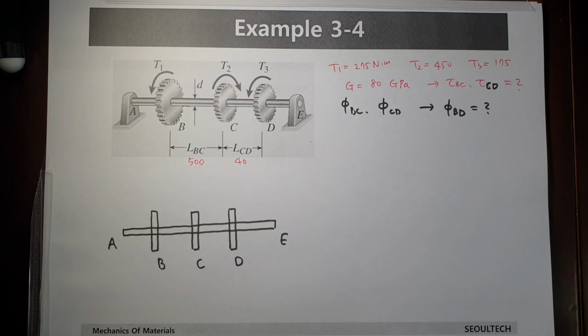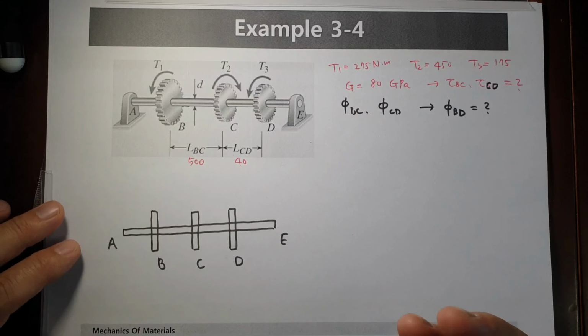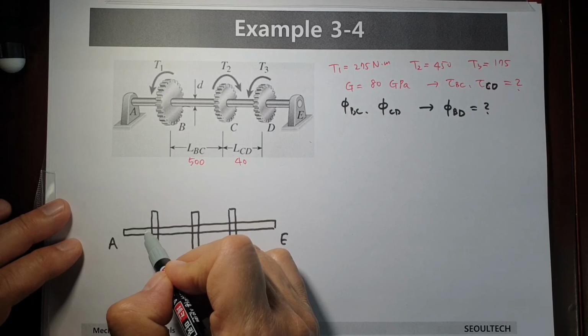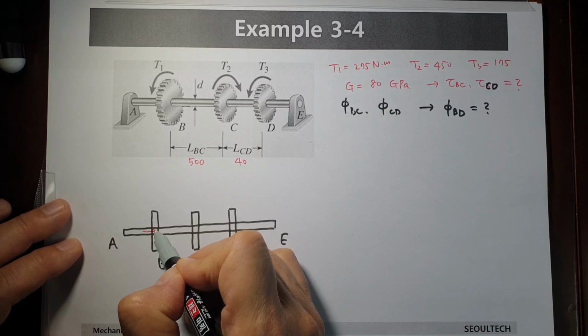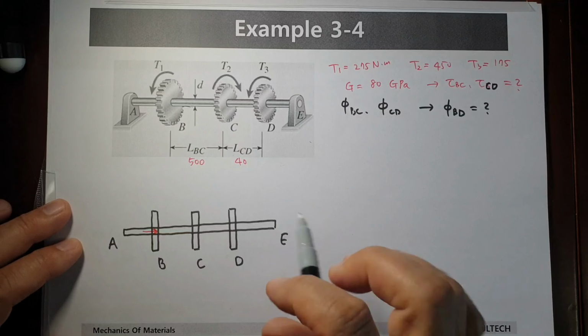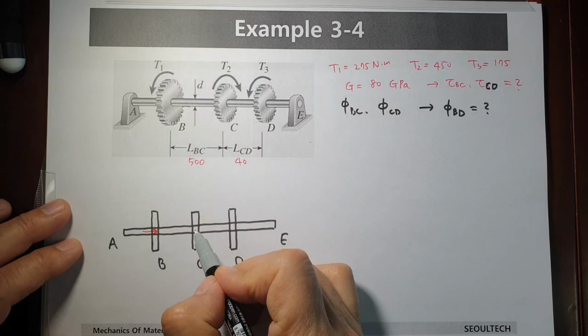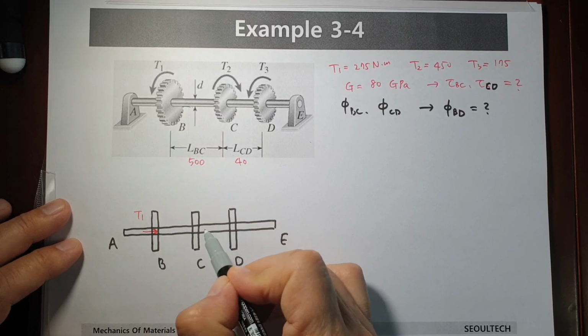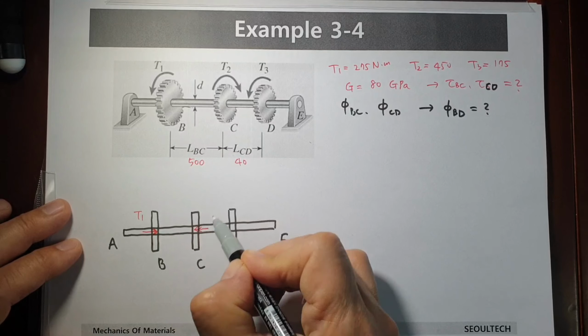When I draw the free body diagram related to torque, using the right hand rule, T1 is located like this one. T2 is in this direction.